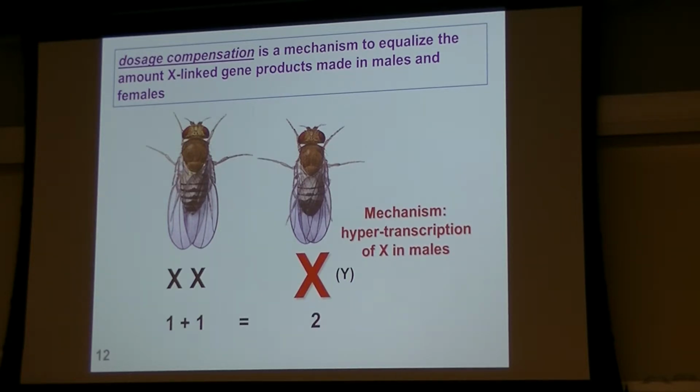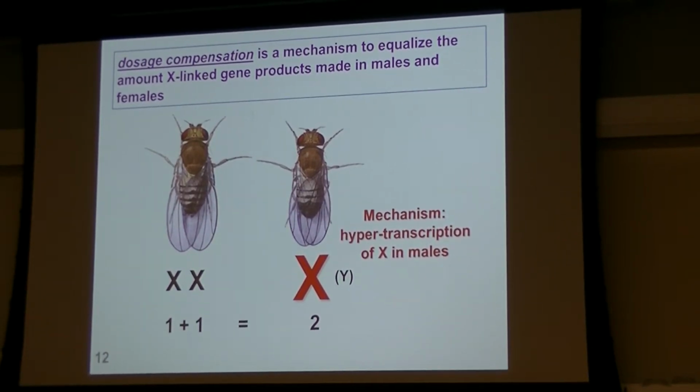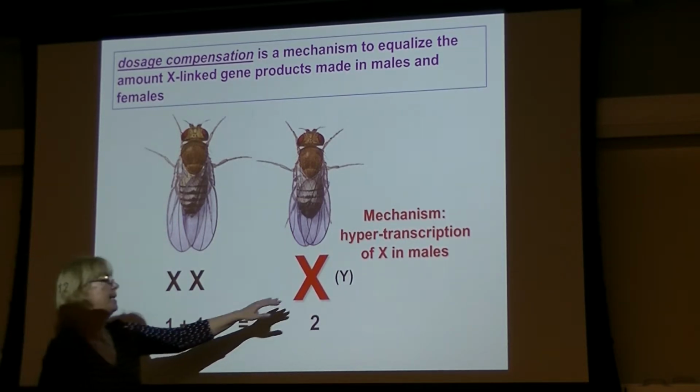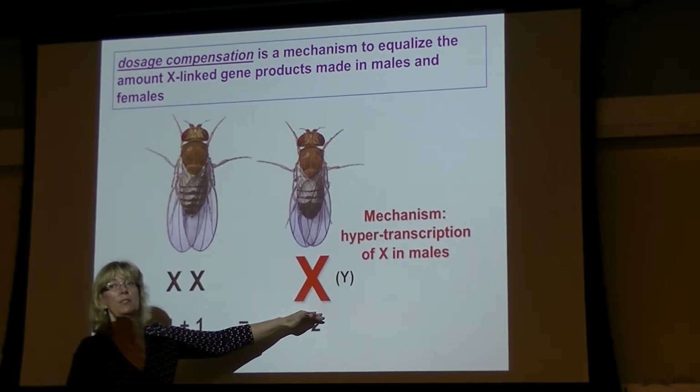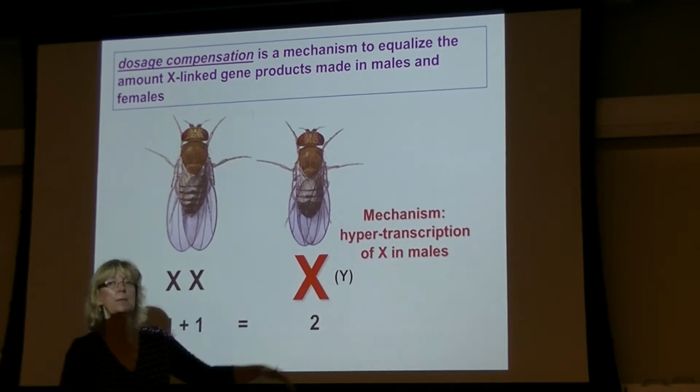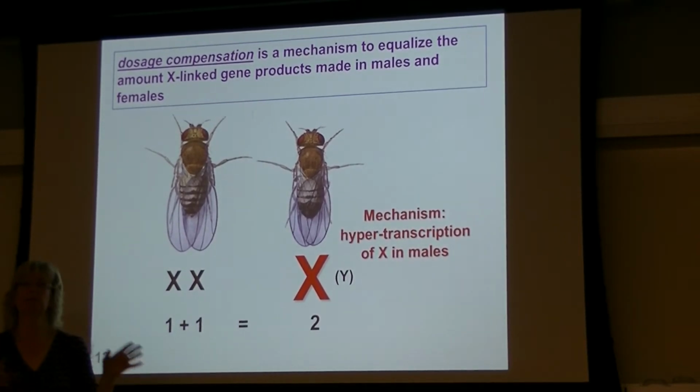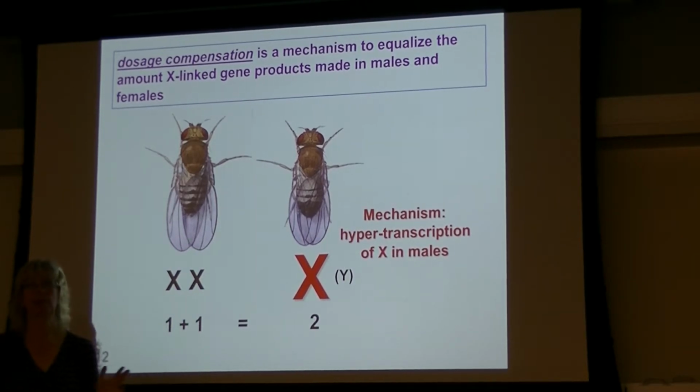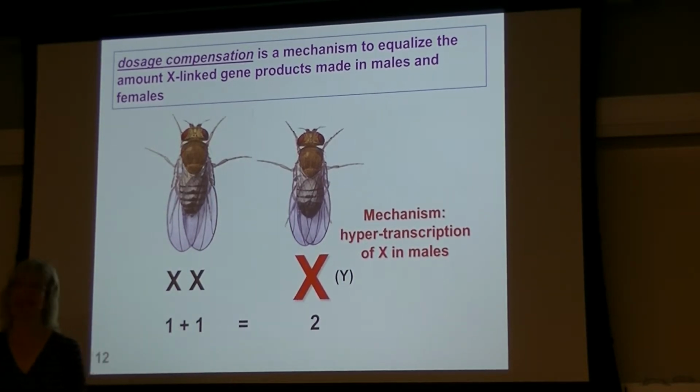So first, Drosophila. The females have 2 X chromosomes that are transcribed. Genes on these chromosomes are transcribed at a particular rate. In the case of the males, since they only have one X chromosome, the rate of transcription from this X chromosome is greatly enhanced.